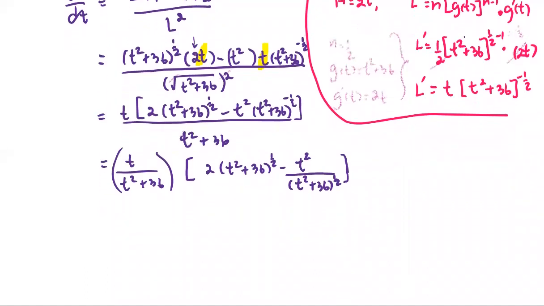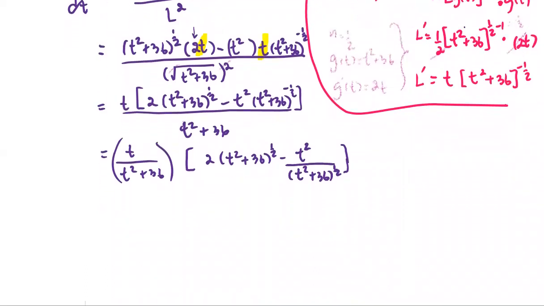And then I will find the common denominator as the quantity to the power 1/2 divided by 1. The common denominator is going to be the quantity t squared plus 36 to the power 1/2, so I multiply the top and bottom of the first term by the quantity to the power 1/2.